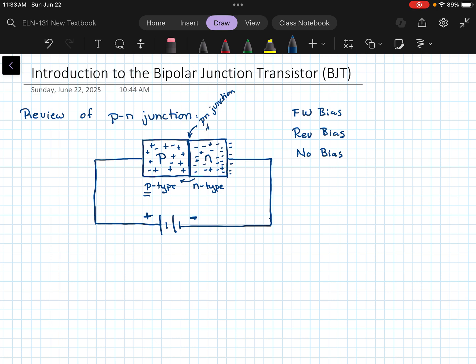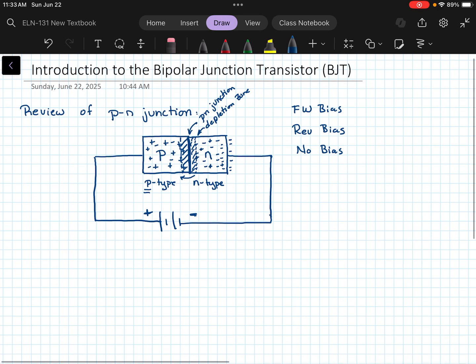We call this the depletion zone. Right here in the middle, there is a depletion zone or depletion area somewhere around that junction. And it can be fairly large or fairly small. Again, it depends on how we bias this particular circuit.